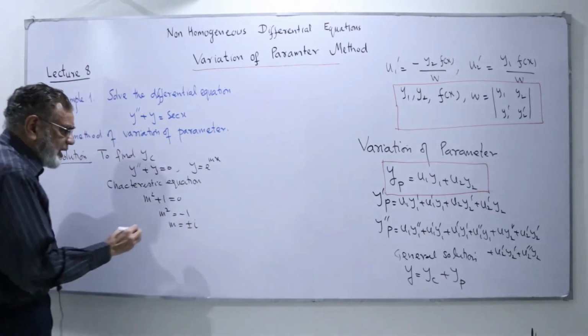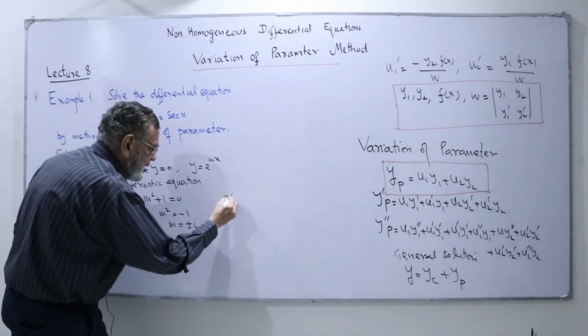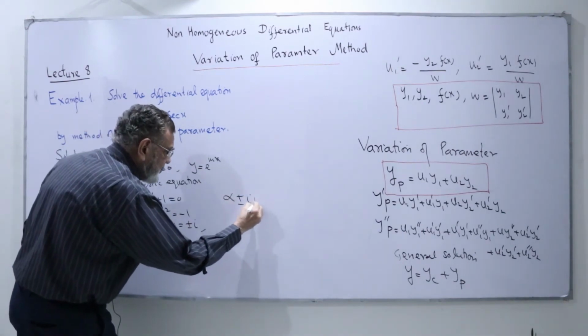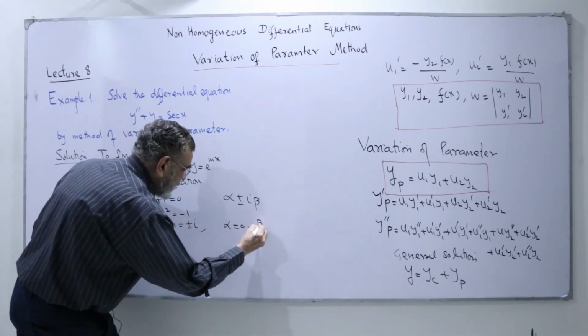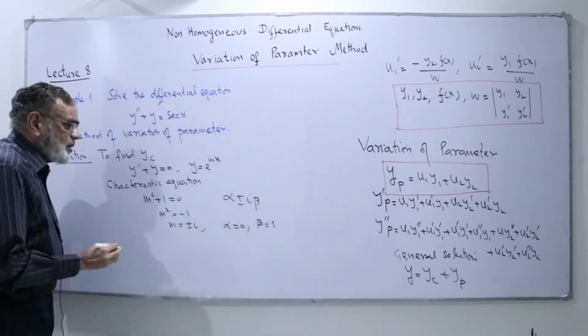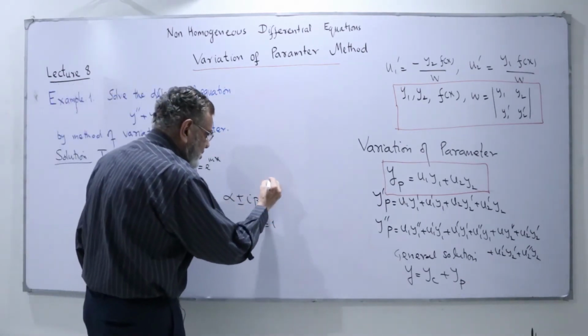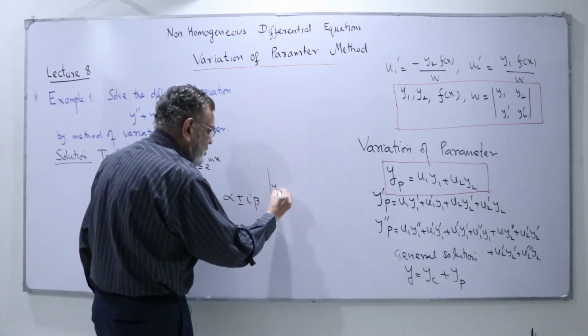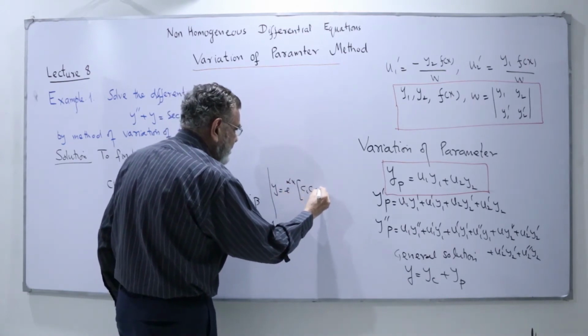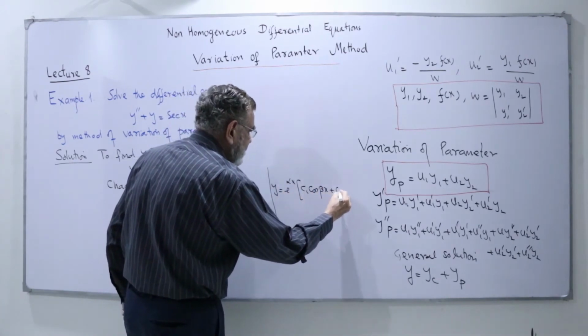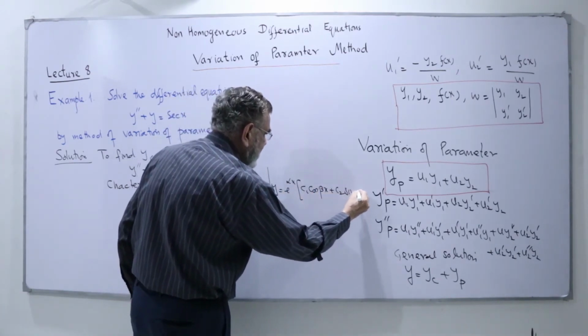We get m square is equal to minus 1, and m is equal to plus minus i. When we have m equal to plus minus i, we compare it with the standard complex number. The real part alpha is equal to 0 and beta, the complex part, is equal to 1. In this case, we know that y equal to e to power alpha x, c1 cosine beta x plus c2 sine beta x.